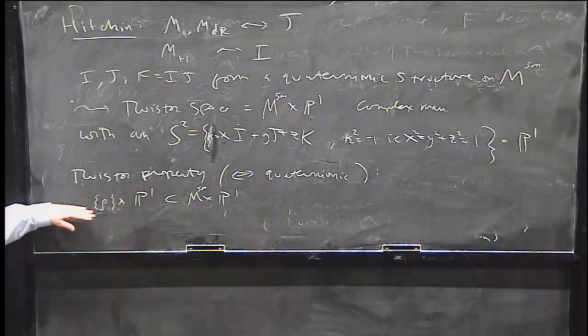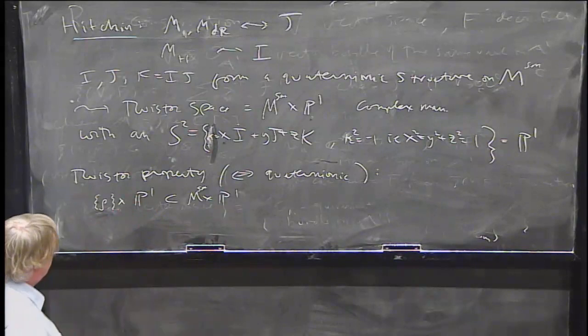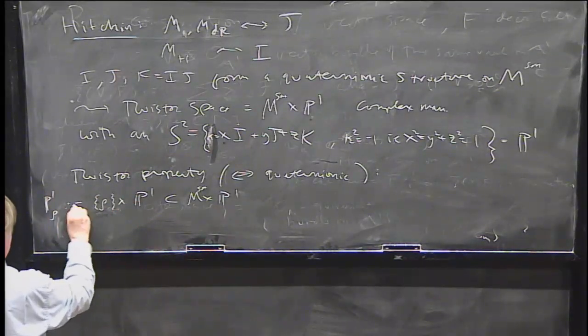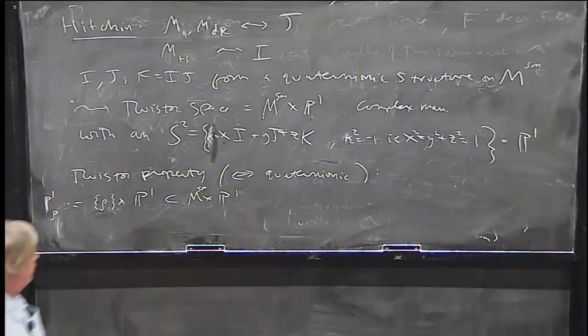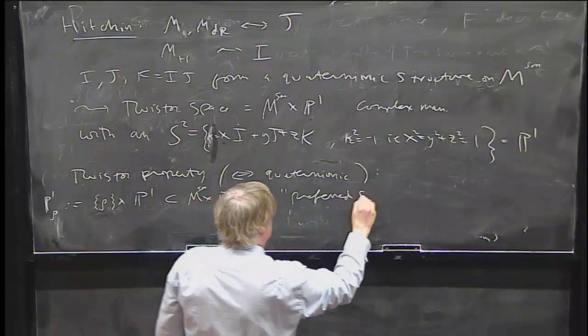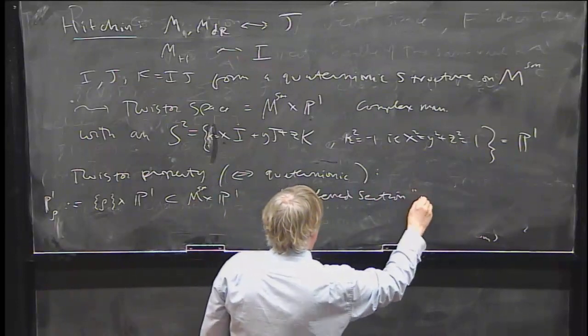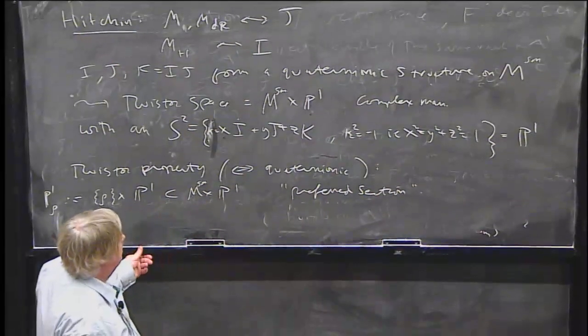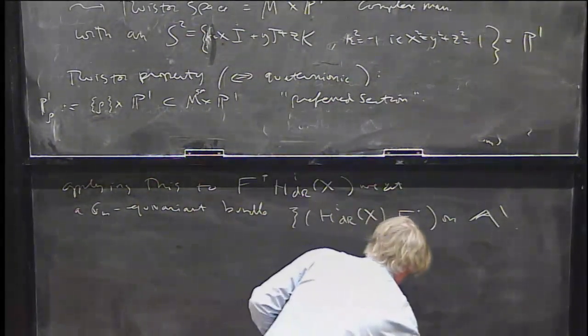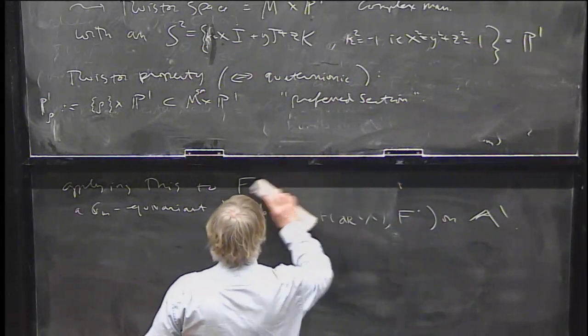Fix a point in M smooth and look at that P1, okay? Let's call this P1 row. That's what's called a preferred section. The property is that the normal bundle to the preferred section has exactly our property.